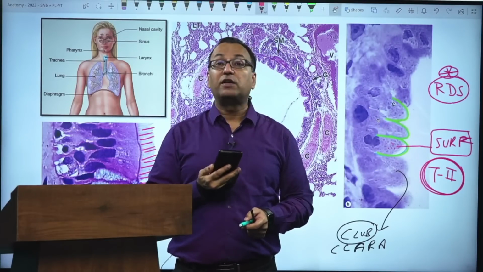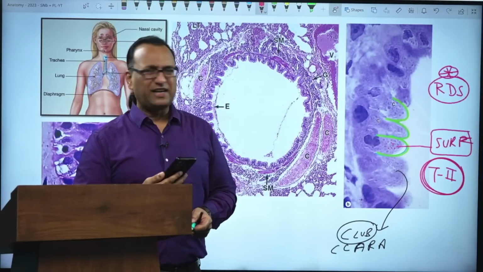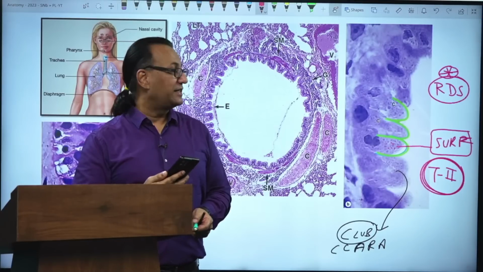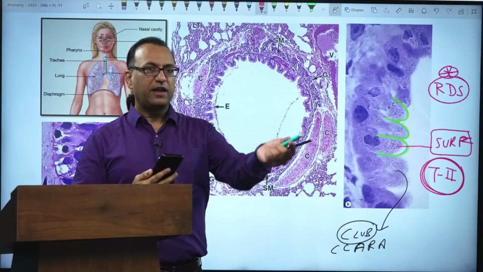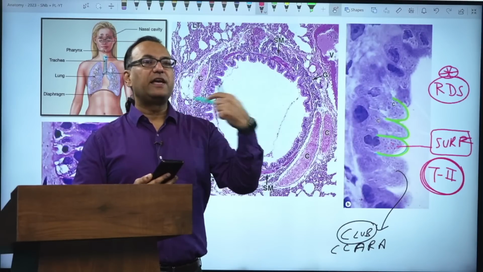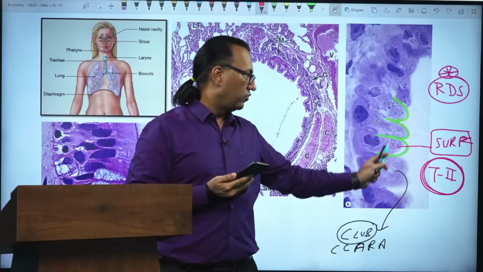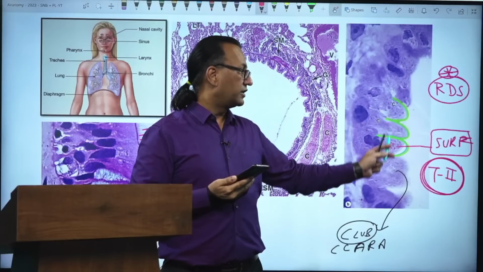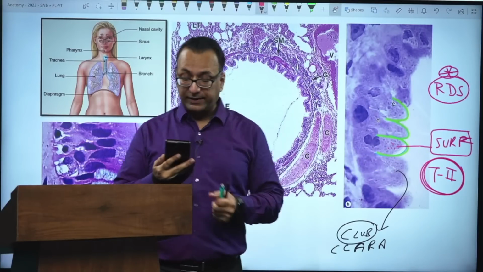They have stem cell. Stem cell actually is different. You cannot actually say the Clara cell is a stem cell, but one function which you should remember is detoxification of the inhaled air. Whichever air we inhale, they help in detoxification. That is one of their functions. They can work as stem cells, agreed. But detoxification is one of their functions. Okay, anyway.